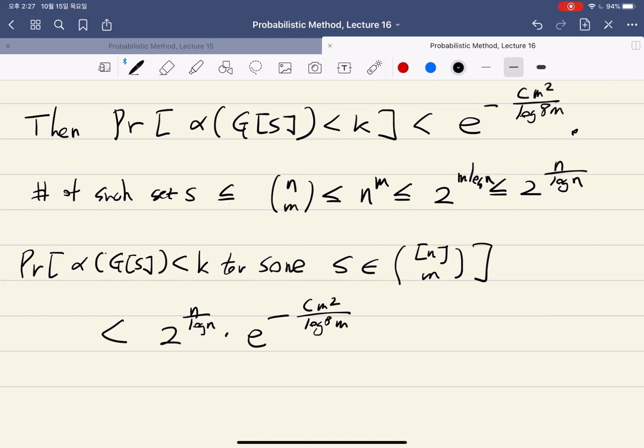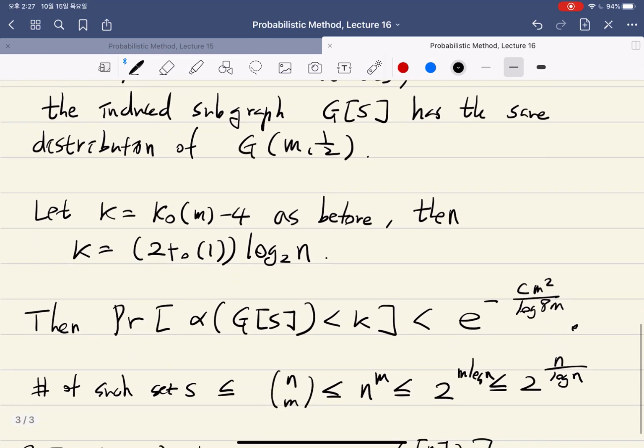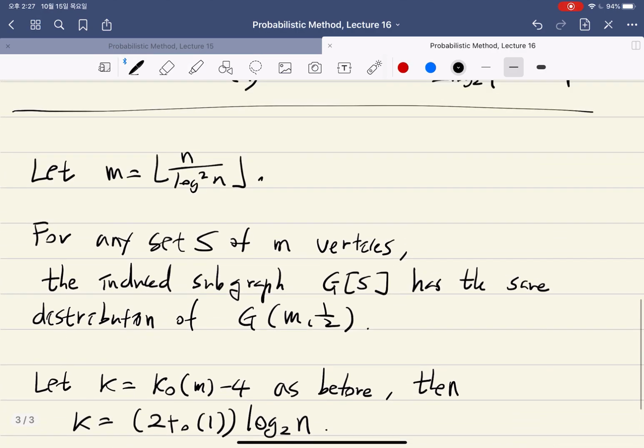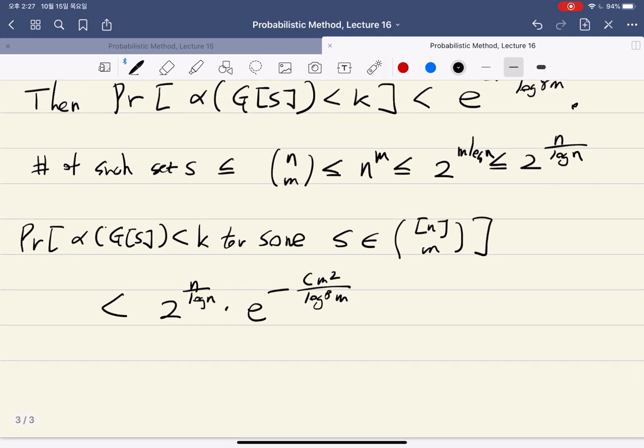And m was taken to be n over log squared n. If you apply that here, this is a bit smaller than linear, and this is a bit smaller than log quadratic. So you can easily show that this goes to 0 as n goes to infinity.